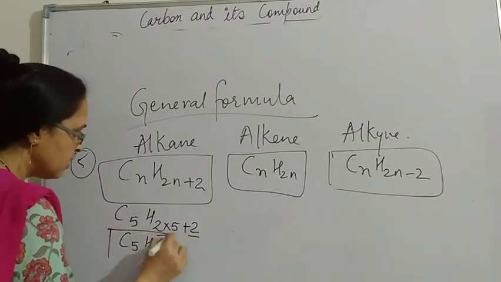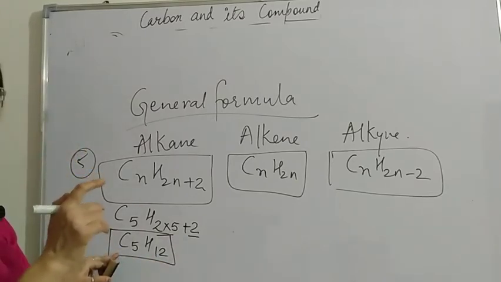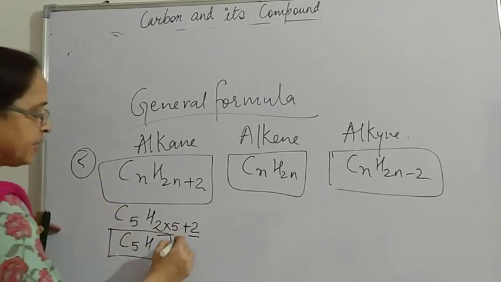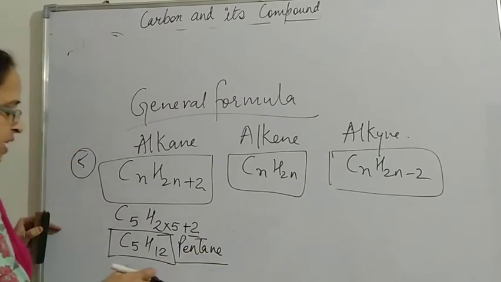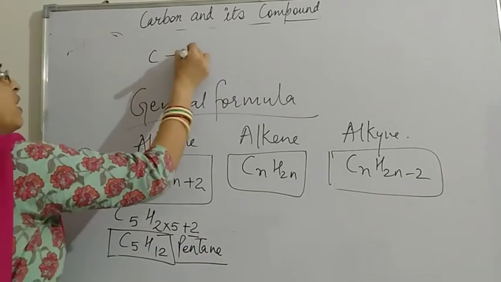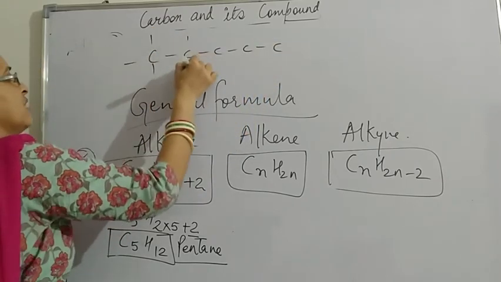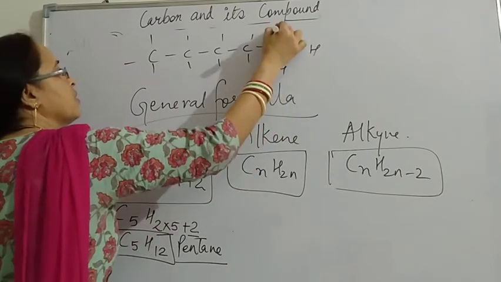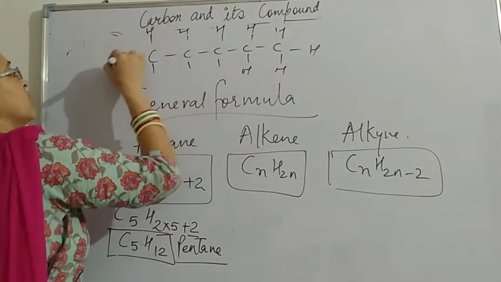This is the formula of C5, 5 carbon, that means pent. So this is the molecular formula of pentane. And if you want to verify this, you can simply write down 5 carbons, then fulfill the valency with hydrogen and count the number of hydrogens.